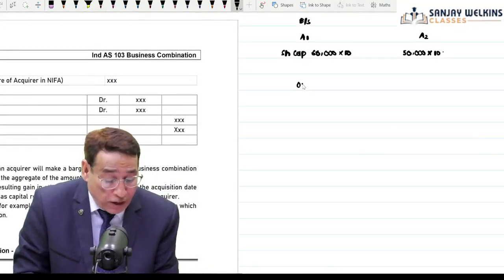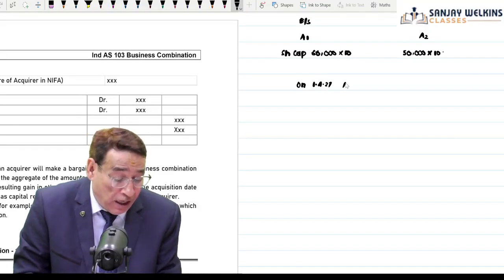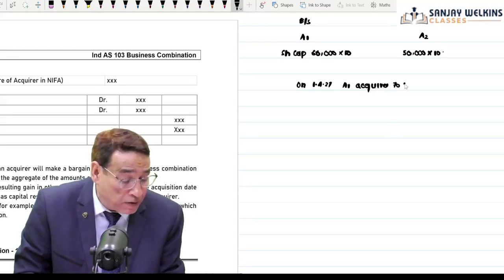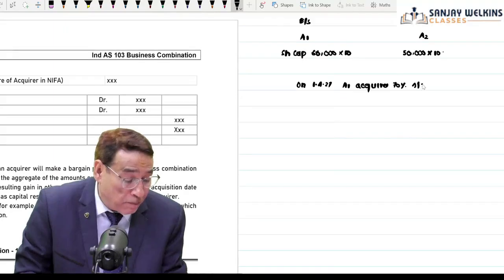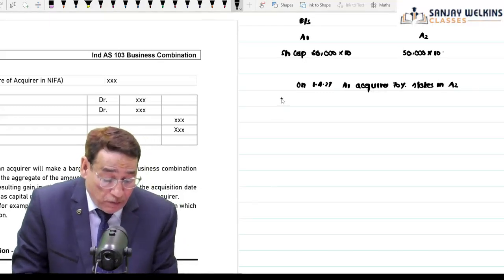And similar to the last question, we presume that on 1/4/2027, A1 Limited acquires 70% stakes in A2 Limited and discharged consideration of rupees 7 lakh.